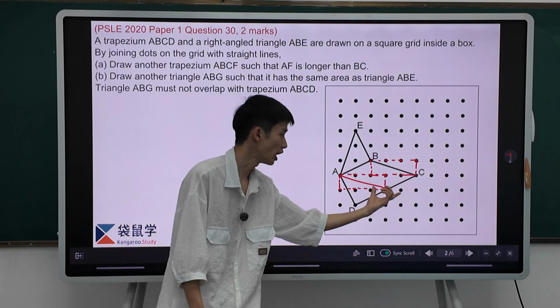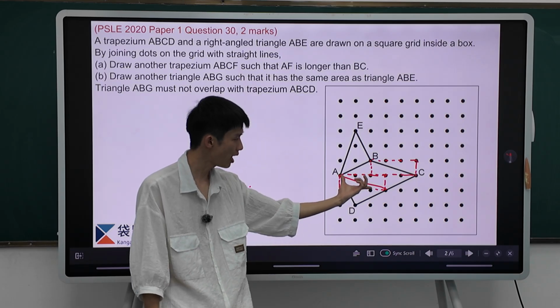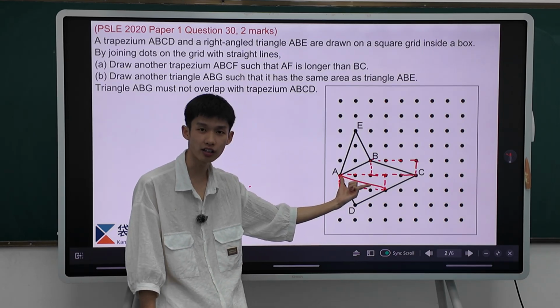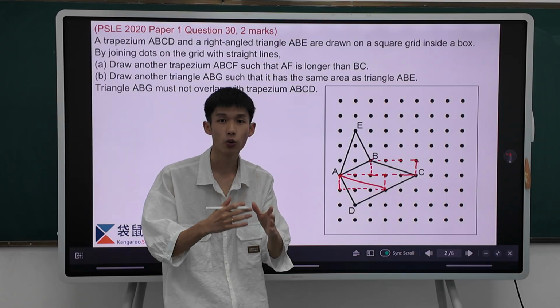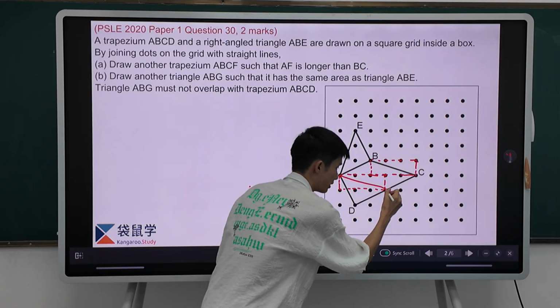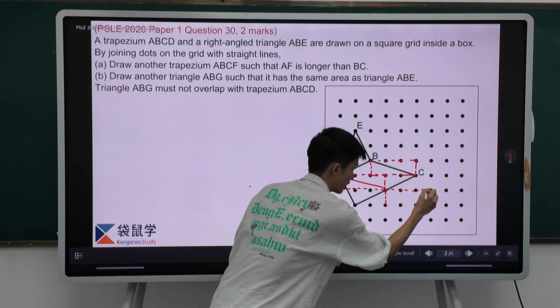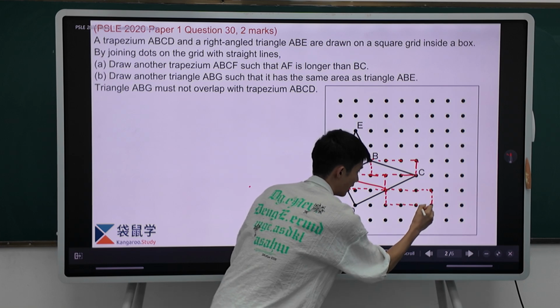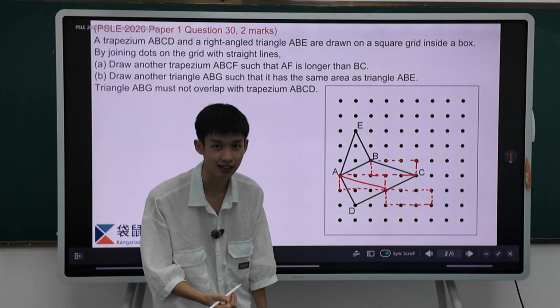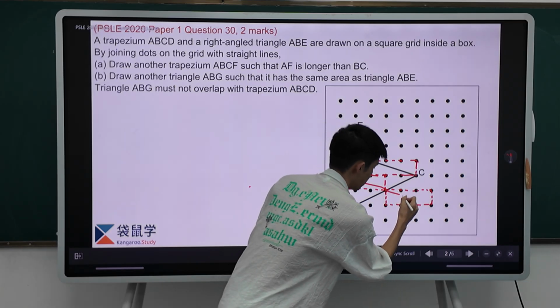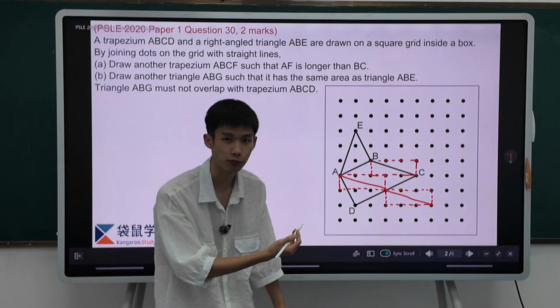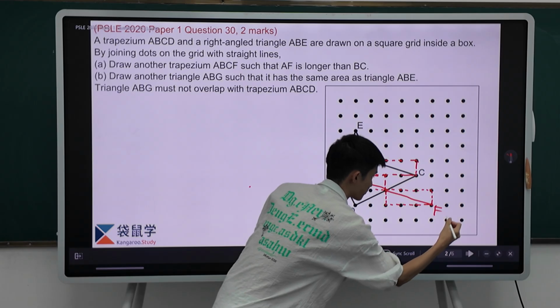Very good, just draw an additional one. If one is not long enough, we draw another one with the same rectangle, starting from the other point, a same size rectangle of 1 by 3, and then connect the diagonals. So over here, that will be the F point. So label F over here.